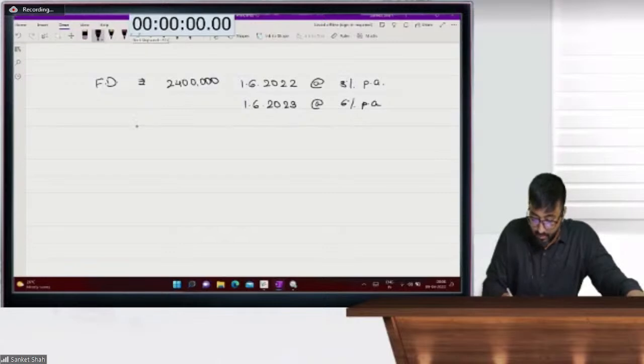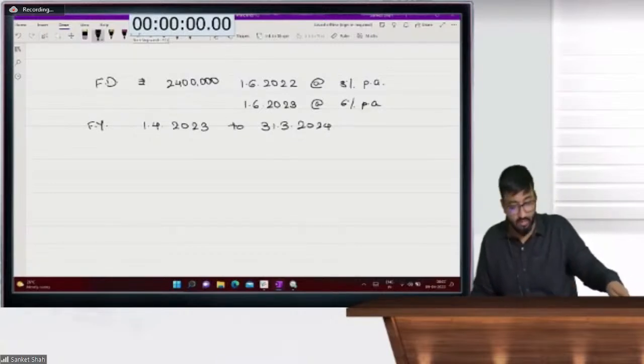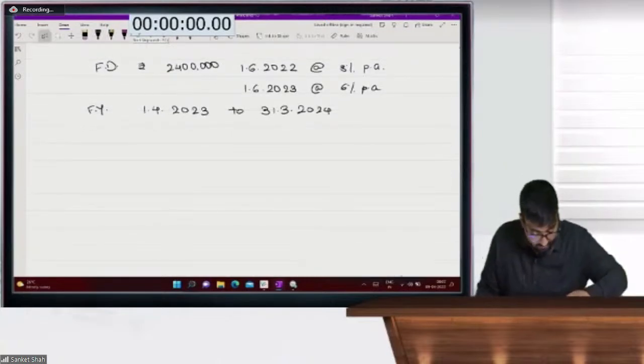Tell me the entries for 1st April 2023 to 31st March 2024, how it will reflect in your financial year. Yes, this is a question for 3 minutes.